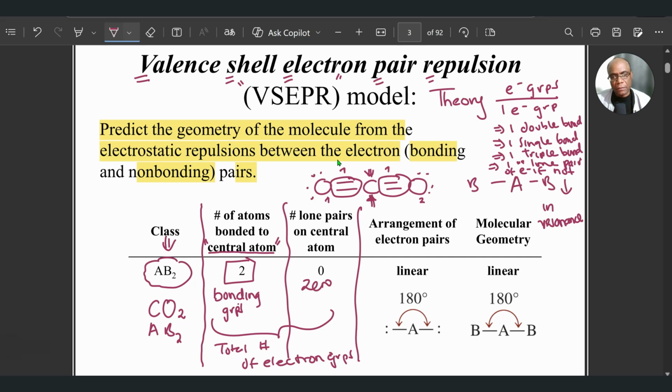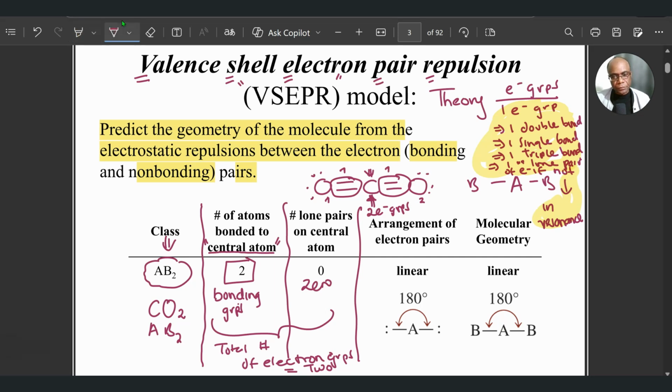So total, this carbon has 2 electron groups, which is the same thing you get here. If you count number of atoms bonded to the central atom plus number of lone pairs, which is 0, the total number of electron groups will be equal to 2. For me, I like counting electron groups using this information right here. One electron group is one double bond, one single bond, one triple bond, one lone pair, if not in resonance.